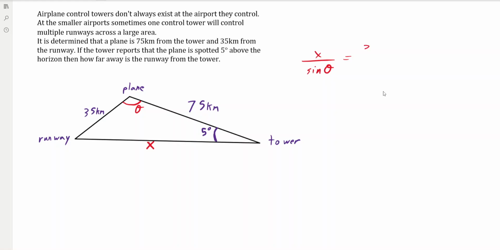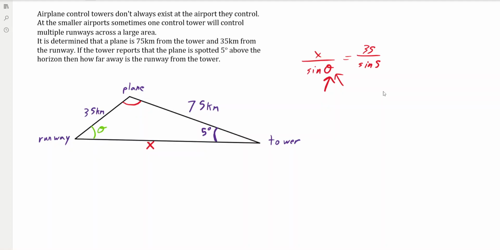This is where we have to get even more creative, because we need to get rid of this theta here in order to find the X. How do we get rid of the theta? How do we put a number in there? Well, we need to figure out theta some other way. So what if we find this angle in here first?